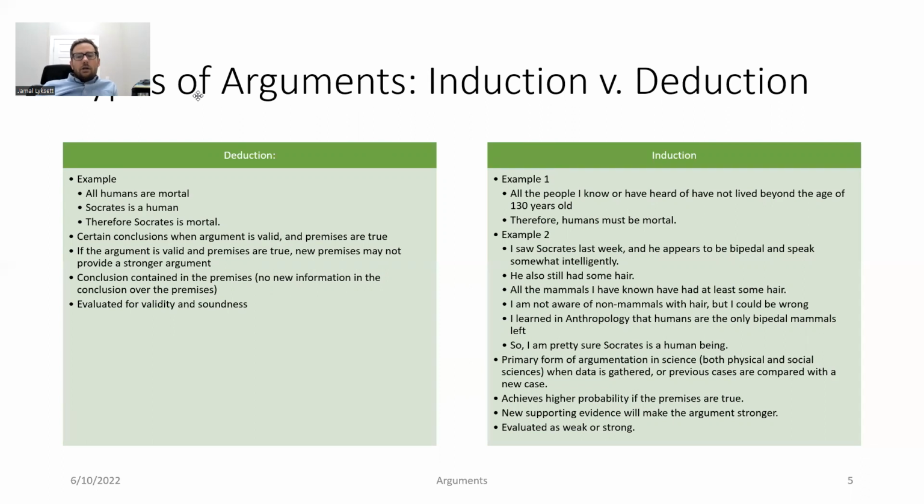Inductive arguments, on the other hand, are going to be the types of arguments where we gather information and then draw a conclusion from it. So here's example one. All the people I know or have heard of have not lived beyond the age of 130.